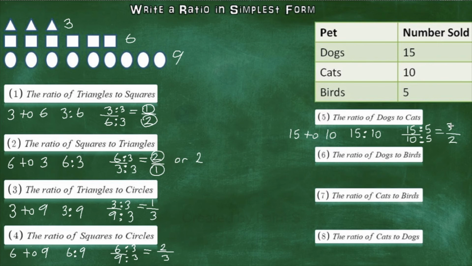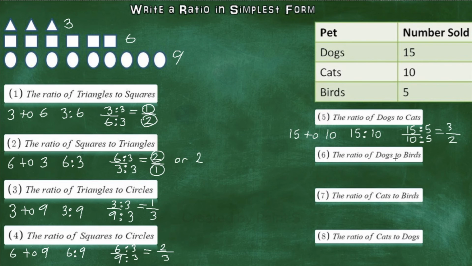So our final answer in simplest form is 3 over 2. As you see, we don't have 3 dogs or 2 cats. The ratio of them is still 15 to 10. But since we are writing our answer in simplest form, it will turn into 3 over 2.